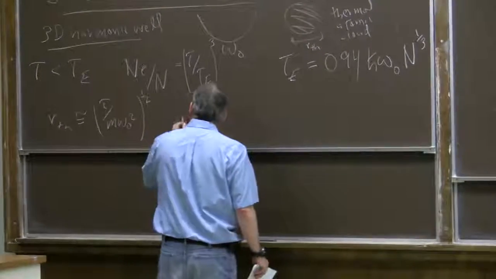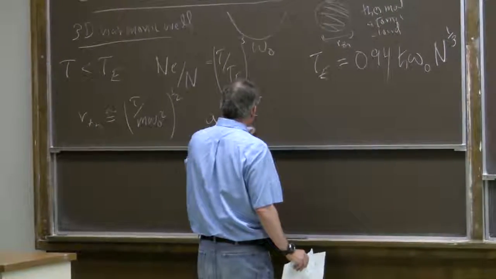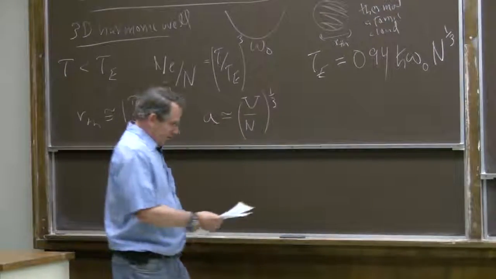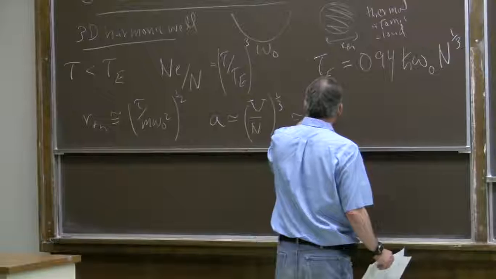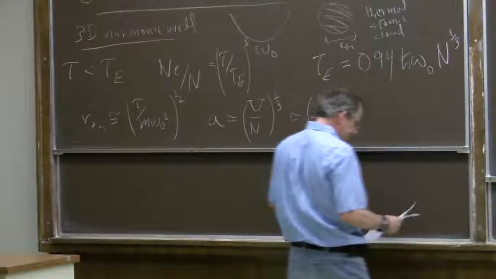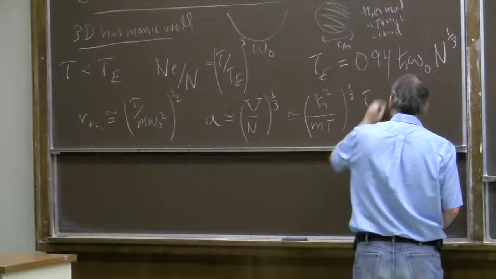If we consider the interatomic spacing in the gas, that's the volume per particle to the 1/3 power, we said that goes like h bar squared over m tau to the 1/2, times temperature divided by Einstein temperature.